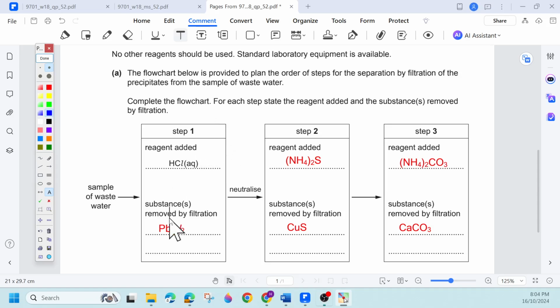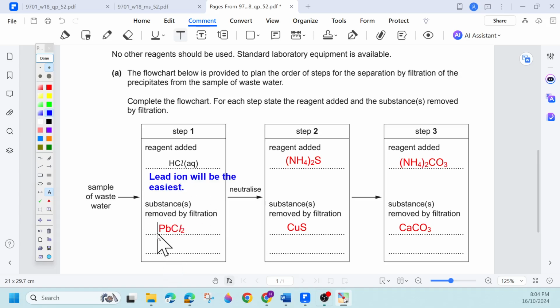You're trying to separate lead, copper, and calcium from each other. So when you add chloride, let's go through this step by step. Which ion will be the first one to precipitate? From what we observed in the previous part, please check the video back, it is the lead ion, which is the easiest.